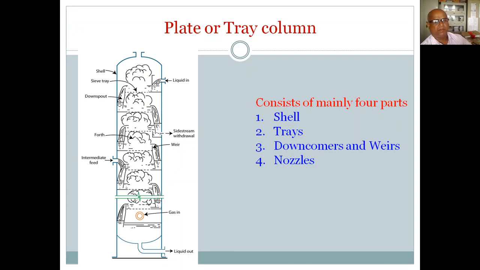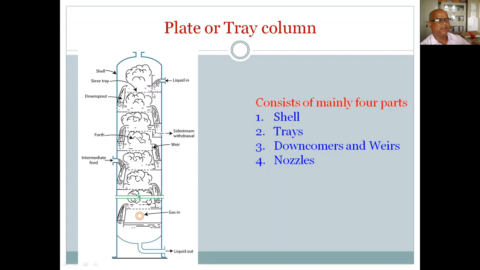But here we are mainly giving an overview of how the process is going. So the first thing is the shell. The detailed mechanical design of a shell you will learn in that lab course. Then another main component is the tray.